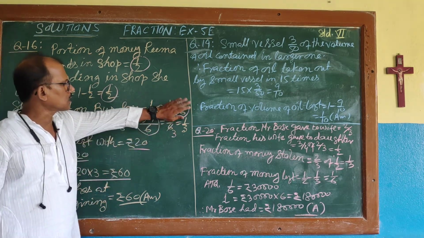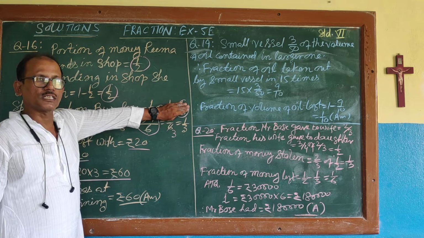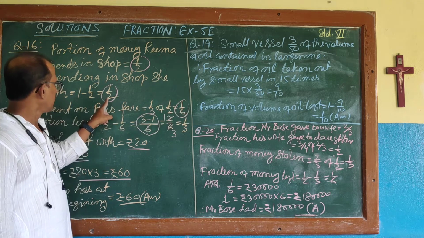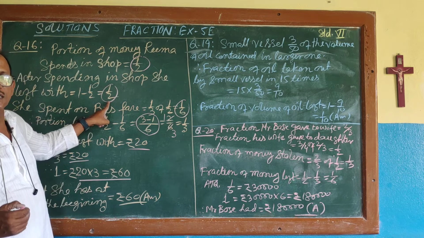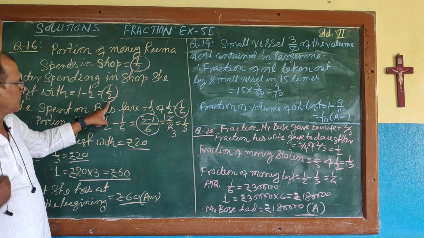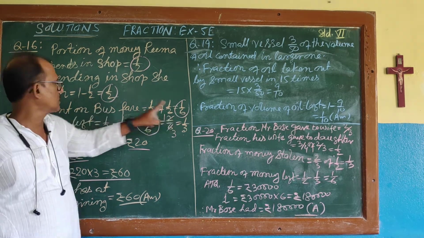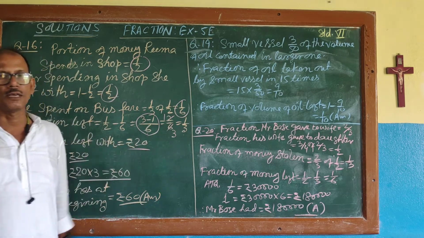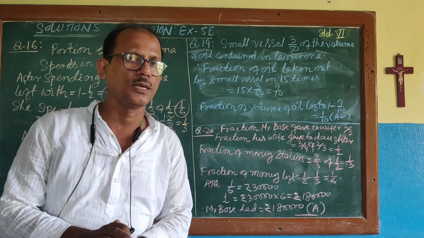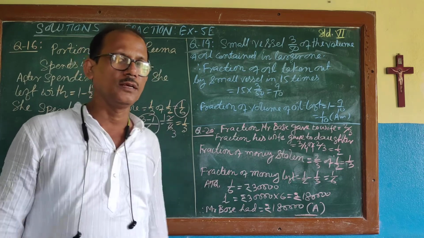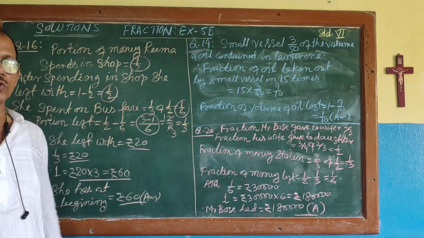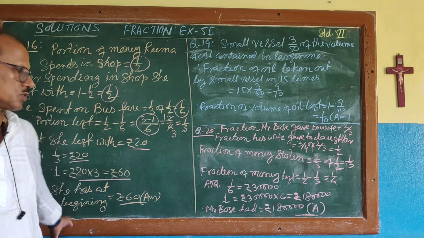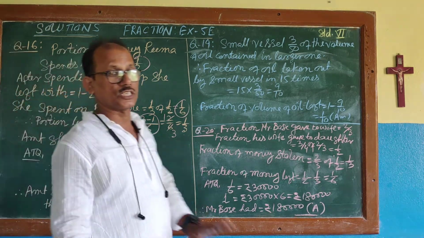Now after she spends on the bus fare, how much is left over? From half, 1/6 is spent. So 1/2 minus 1/6 is equal to 1/3. That 1/3 portion finally she is left with. That 1/3 is equal to 20. Therefore 1 is equal to 20 into 3, that is 60. So she began with rupees 60.